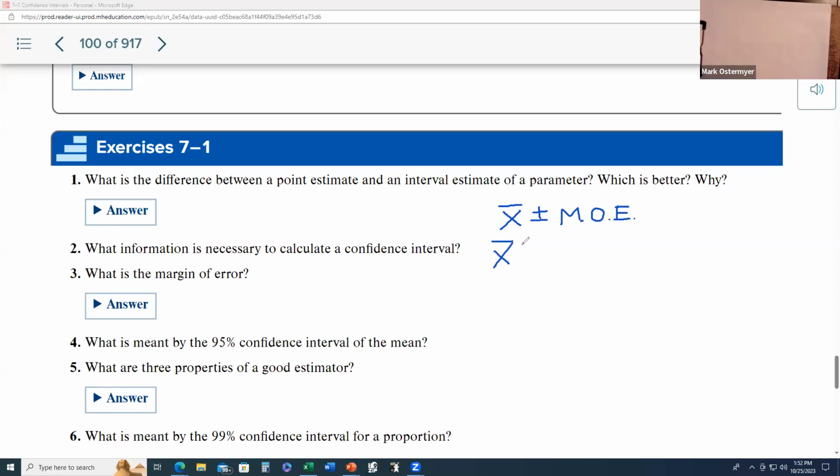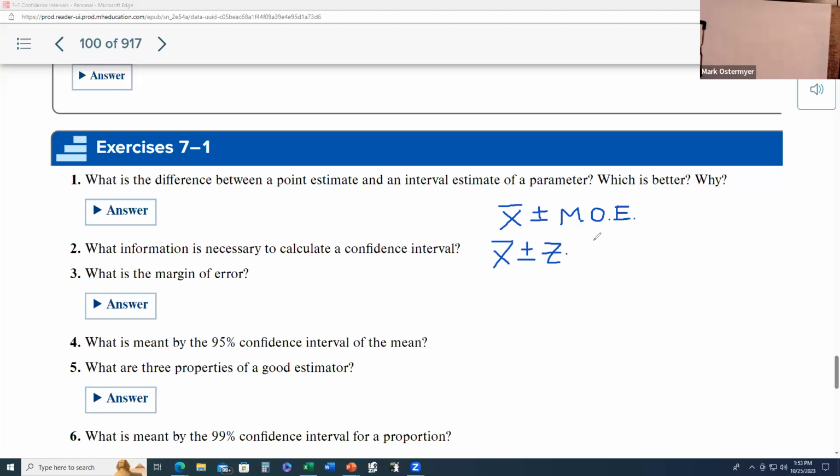And that margin of error is going to be dependent upon our level of confidence, which is our critical Z value. Like I said, for 95%, it's going to be 1.96. For 99% level of confidence, it's going to be about 2.58. For a 90% confidence interval, it's going to be about 1.645.